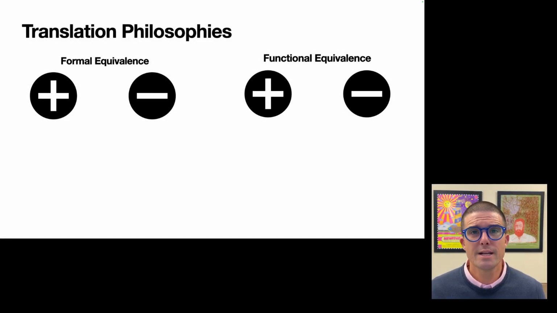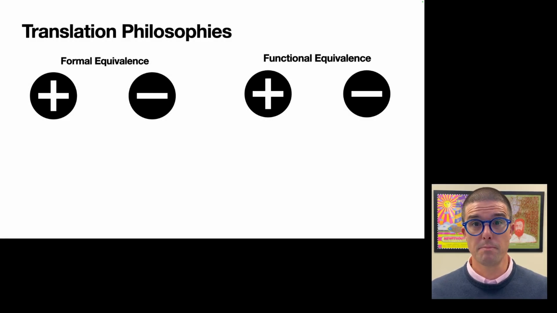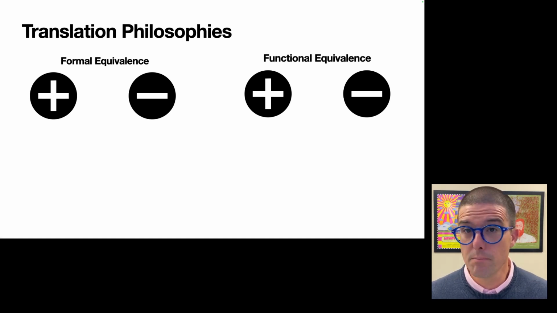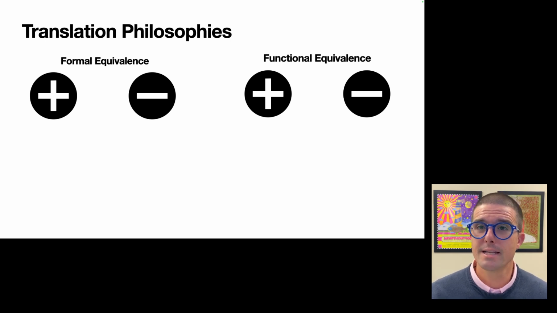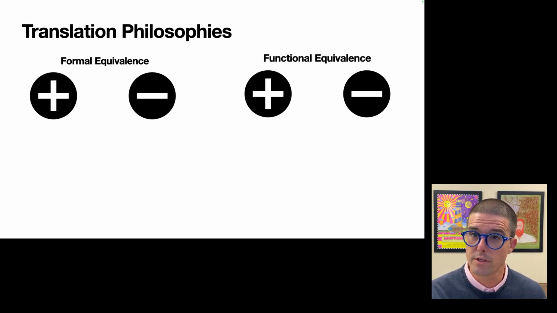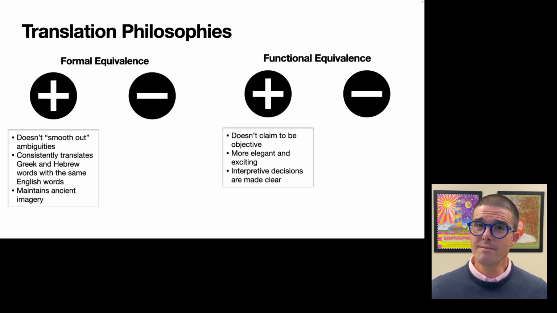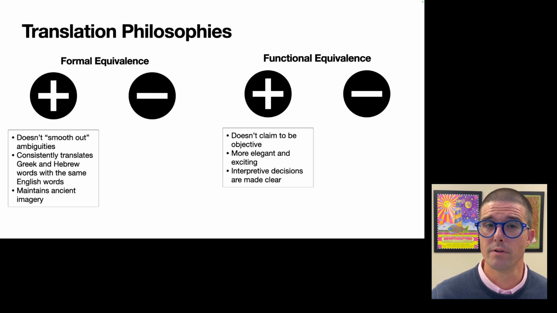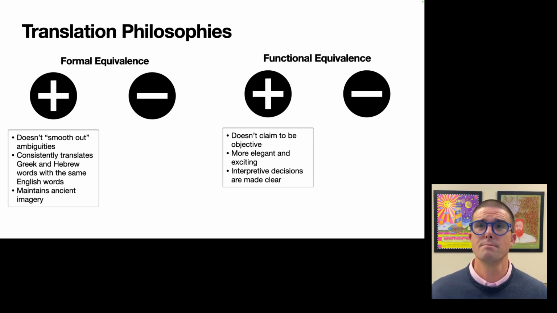And because every translation is a representation of the biblical text that is related to others in its network and others that are available to individuals, I don't think it's necessarily the case that formal equivalence translations or functional equivalence translations are better than the other. Rather, there are advantages and disadvantages to both translation philosophies. On the side of advantages for formal equivalence translations, they'll often let the ambiguities of a Greek or Hebrew issue stand.